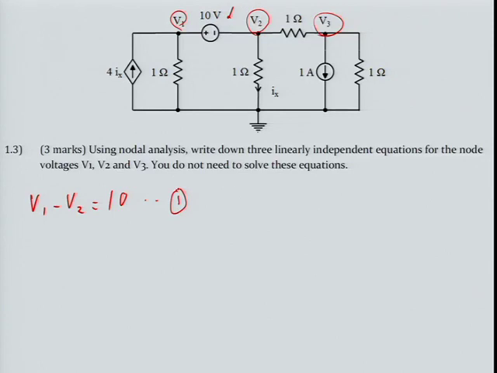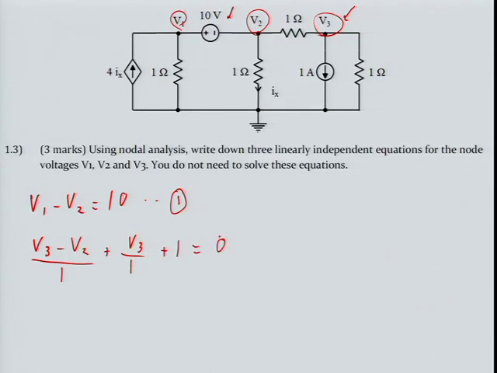Well, there aren't any other voltage sources, and I need 2 more equations, so I'm going to have to do 2 Kirchhoff current law applications. If I start with this one, V at node 3, I would get V3 minus V2 on 1 plus V3 on 1 plus 1 equals 0.